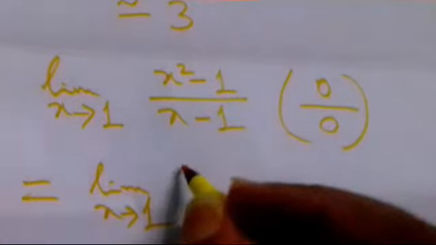So x equals 1 is actually the singular point. We take this in the form of the limit as x tends to 1. Here we observe x plus 1 into x minus 1 in the numerator, and x minus 1 in the denominator.